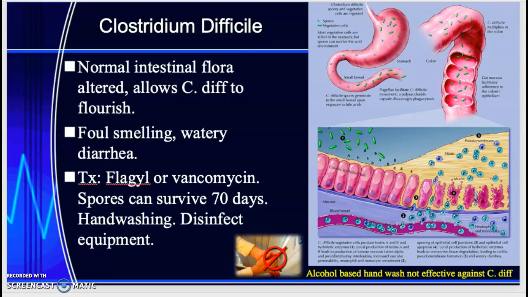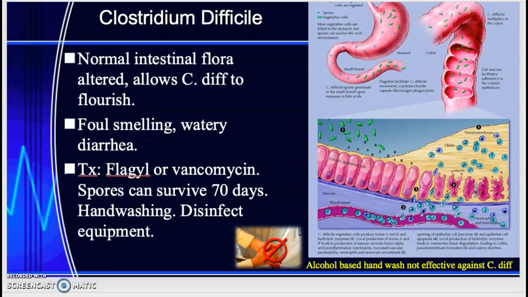Okay, the next one is Clostridium difficile, or a lot of times people call this C. diff. And C. diff is a disorder where a lot of people have C. diff inside their GI tracts, but it's kept in check by normal flora. And if someone's on long-term antibiotics, what happens is it wipes out the normal flora, and then the C. diff proliferates, and it leads to a smelly, watery diarrhea.